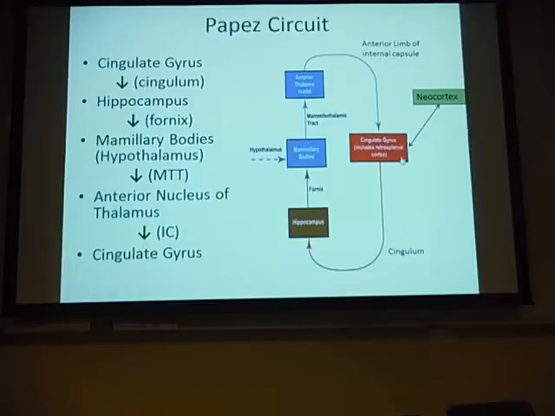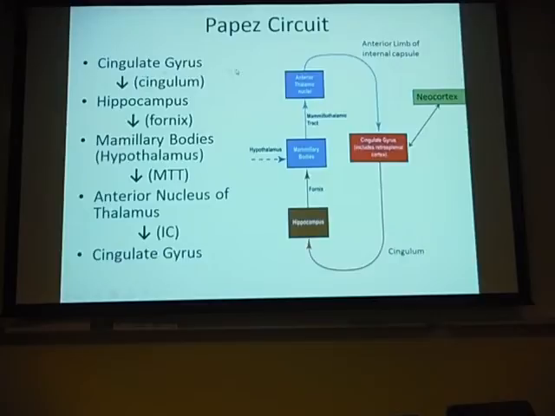And he believed that emotional expression, as we just talked about, was really governed by the hypothalamus, which in this model was referred to as the mammillary bodies, but he's really referring to the bigger structure of the hypothalamus. And so that's here. So we have the experience of the emotion and the expression of the emotion represented in this model, and that they are bidirectional. That again, one is informing the other through this circuit.